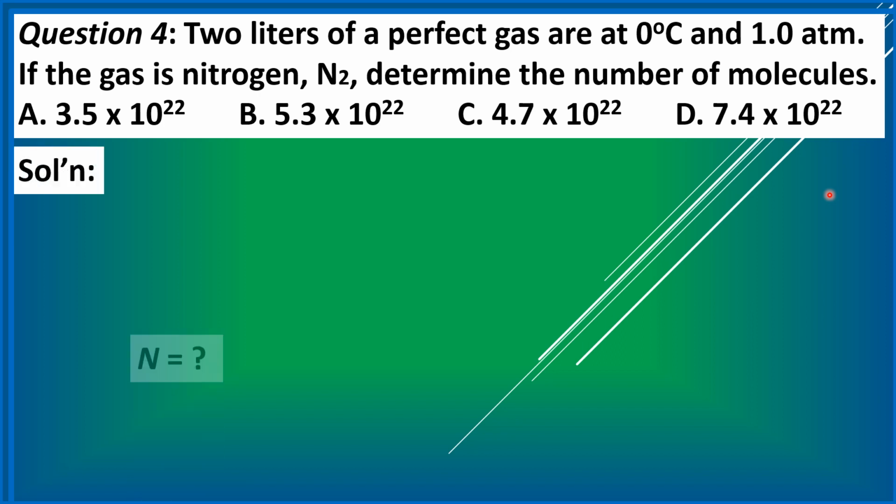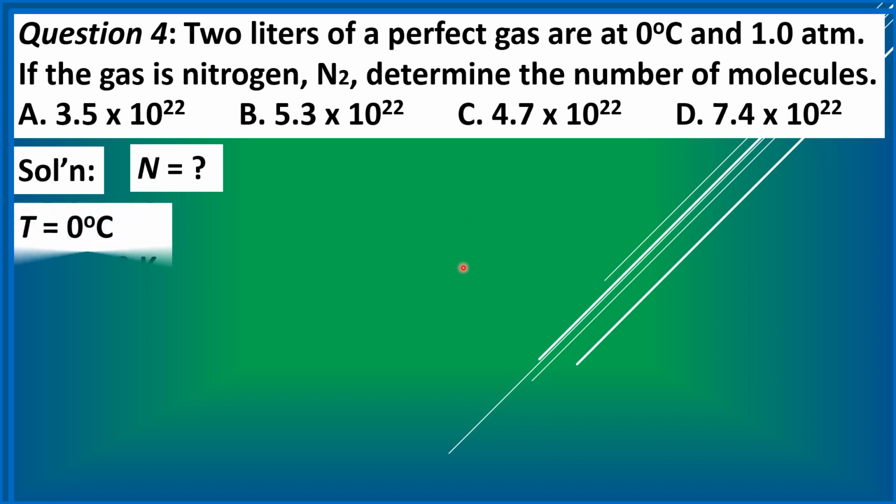So for our solution, our goal is to determine the number of molecules of nitrogen, right? So we first identify the initial temperature T1 is equal to 0.0 degrees Celsius, and that is 273 Kelvin.